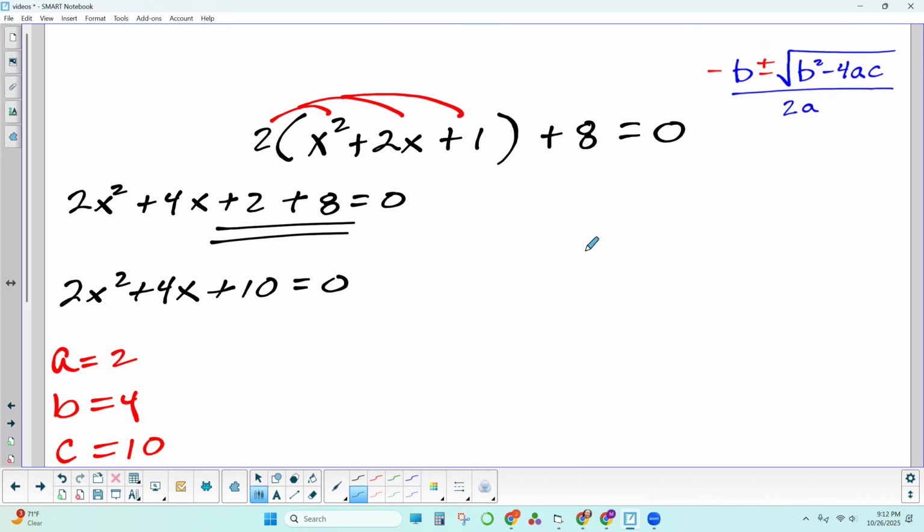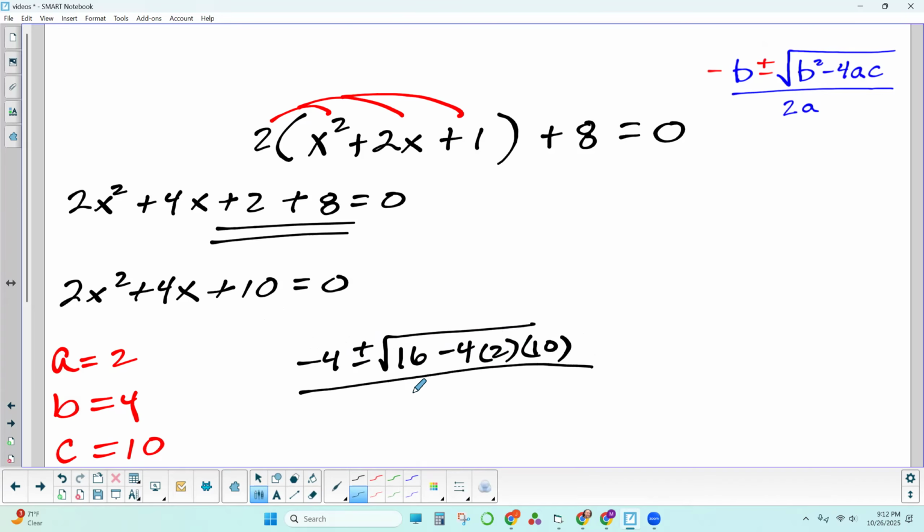Now we will substitute into our formula. All right, so negative b plus or minus the square root of b squared minus 4ac all over 2a.